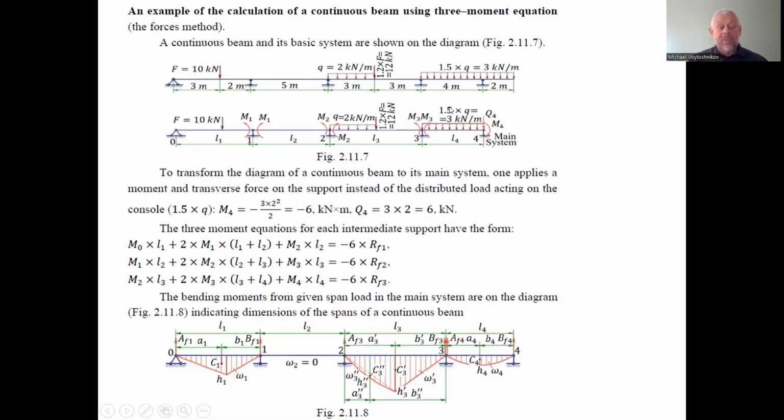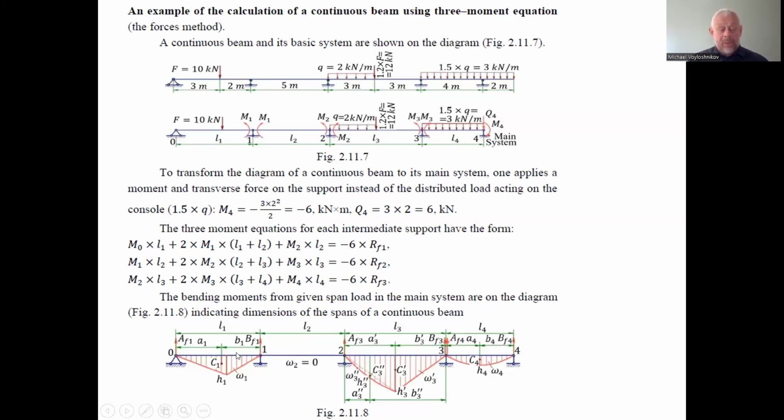For these 3 intermediate ones, we put hinges and separate this continuous beam into a set of 1, 2, 3, 4 simple spans, which are assumed not to be parts of the continuous beam.